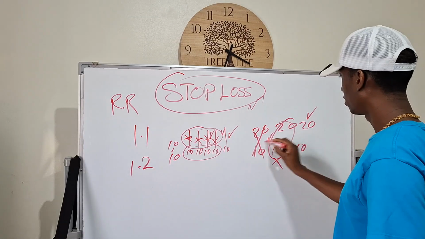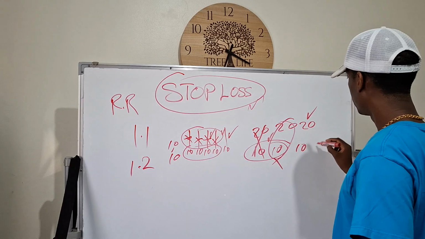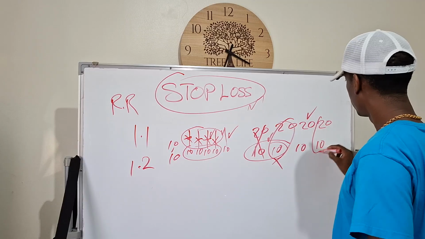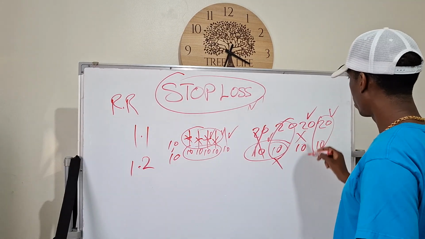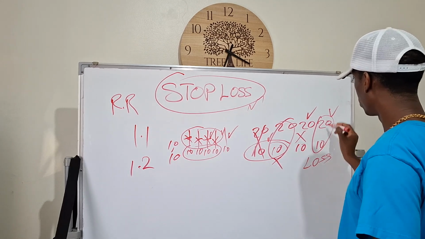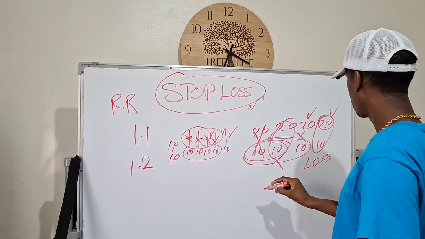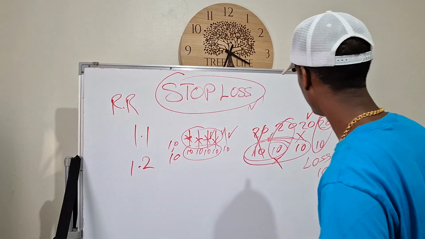What happens? You break even here. If you have another one, you win this one, you lose this one. What happens? You're in a loss, because you only make 20. You never cover the 30. You're in a deficit, in a percentage decrease.